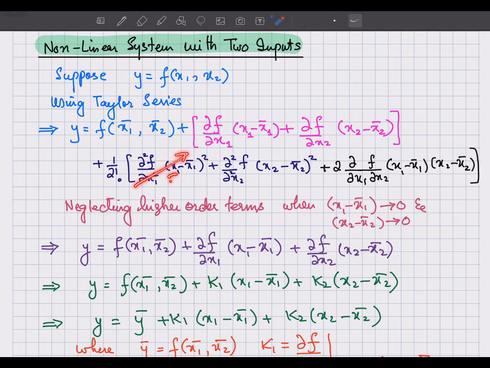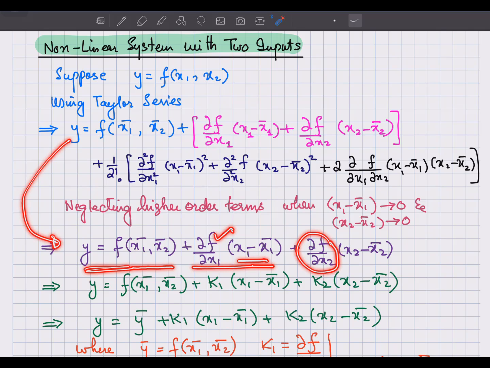So this will be considered 0, this will be considered 0, this will be considered 0, and we will only be left with this part of the Taylor series expansion. Okay, so from this equation I can write it like that: y is equal to f(x1 bar, x2 bar) plus the partial derivative of the function with respect to x1 and the change in x1, plus the partial derivative of the function with respect to x2 and the change in x2.